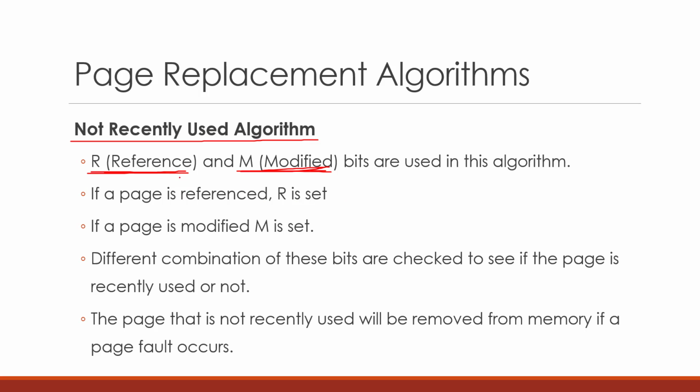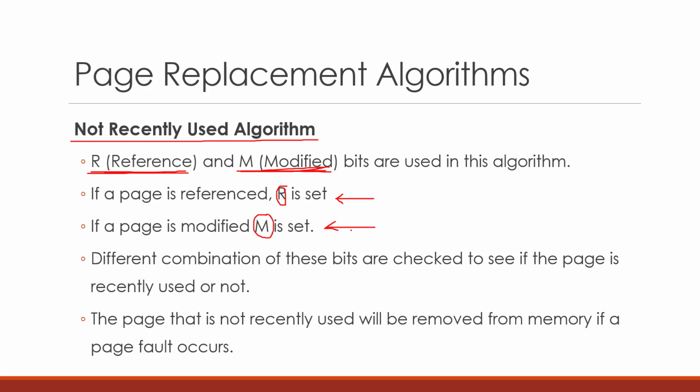Whenever a page is referenced, this R bit is set. Whenever the page is modified, this M bit is set, which means the operating system now knows that this page was recently referenced or modified. So these 2 bits tell us which pages are modified and referenced.